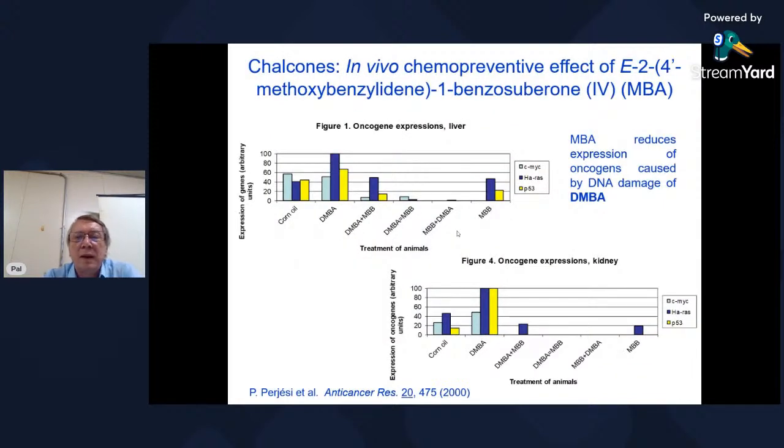Further, we investigated for the methoxy substituted benzosuberone derivatives how the compound affects in vivo the expression of some particular genes, some so-called cancer genes. The genes selected were the p53, the HA-RAS, and the c-MYC genes.